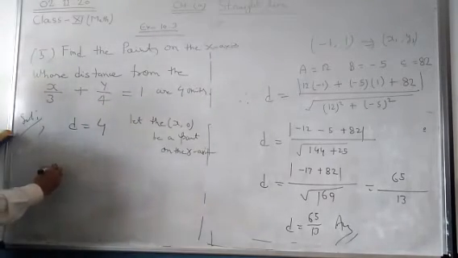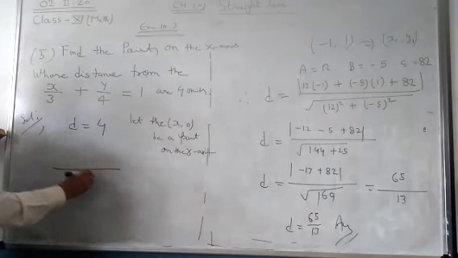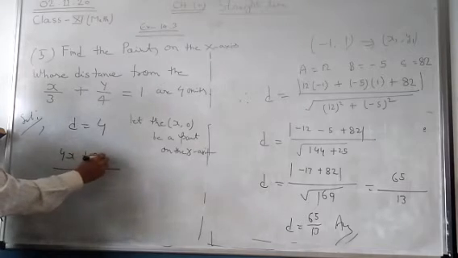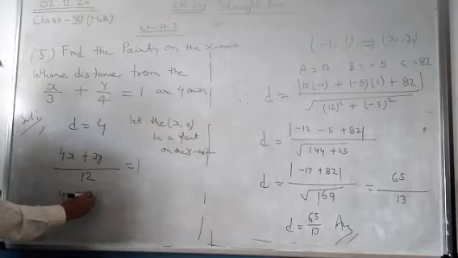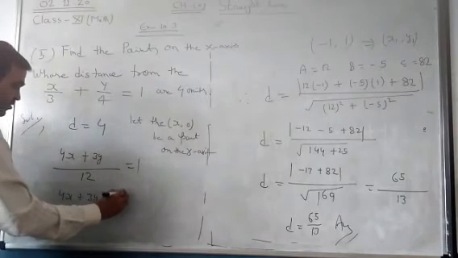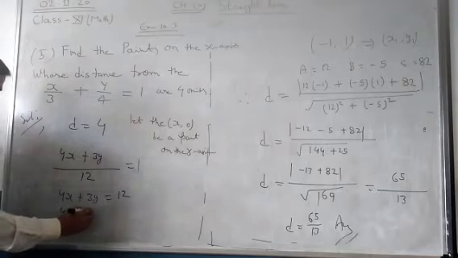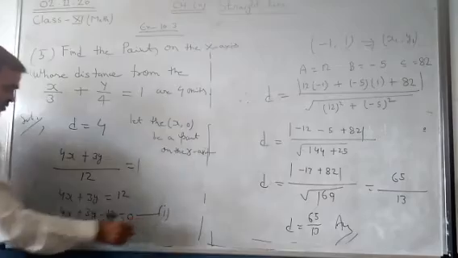Taking the LCM, 12, this will be 4x plus 3y equals 12. Means 4x plus 3y minus 12 equals 0. This is equation number 1.